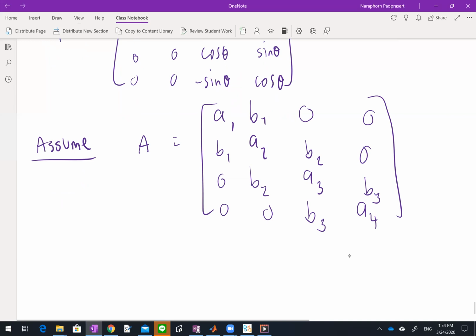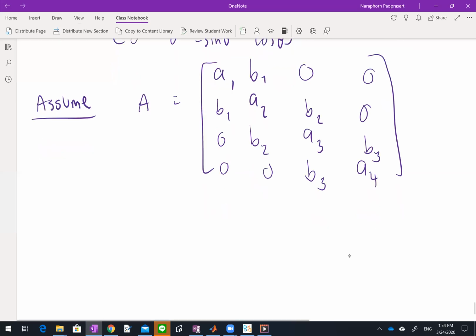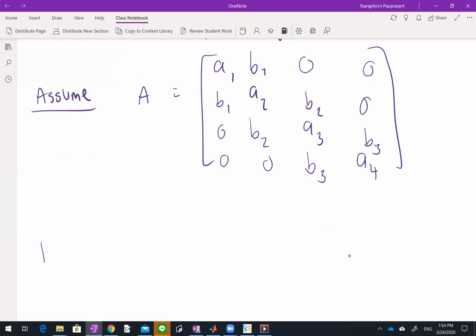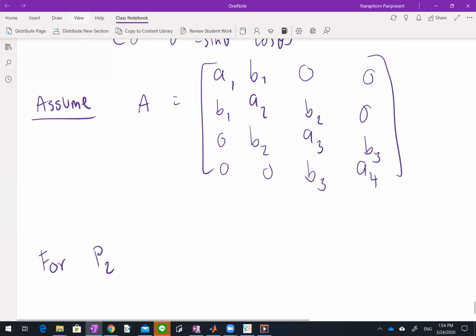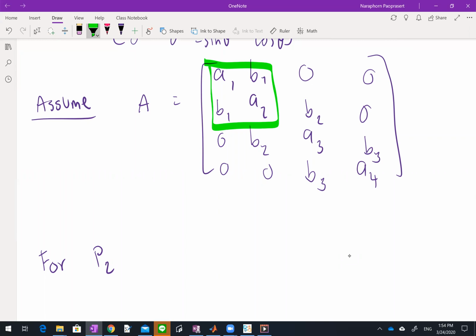Assume that you have a 4x4 tridiagonal matrix. Then for P2, the location of the cos and psi is just in this box. So you're going to just care about these two values.